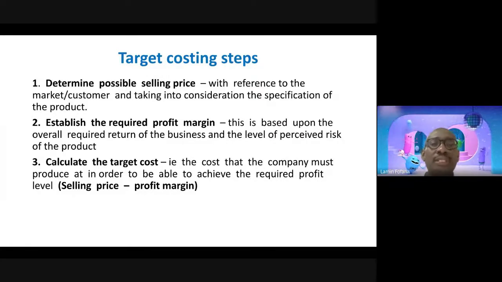And then two, you establish the required profit. That one is simple. Since you've already done a market research, you found out your average price. So the next thing you need to know is, what is my organization's profit policy? Does it mean that we do a 10%, a 5%, or whatever? Okay, and whatever that will amount to, you knock it off from your selling price so that you arrive at your cost.